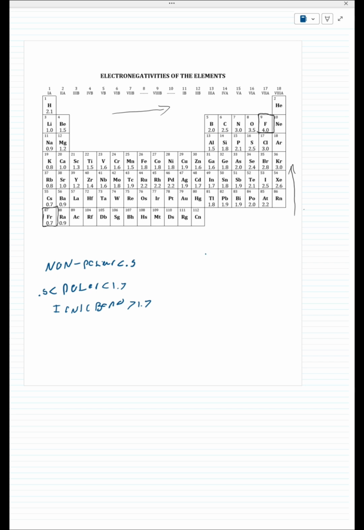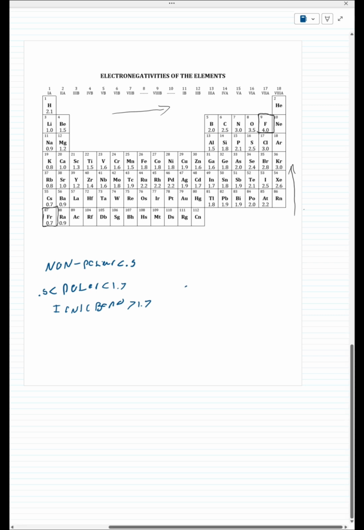For example, if we had a carbon bonded with carbon, 2.5 minus 2.5 is 0, non-polar. Or let's say if we had oxygen bonded with a carbon, well that's 3.5 minus 2.5, which is 1, and as we know, that would be a polar bond. So that's what electronegativity shows you.